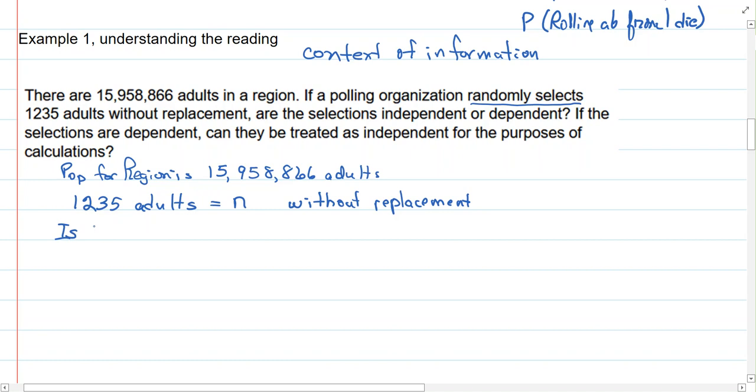So is the selection independent or dependent? And I just spoke.